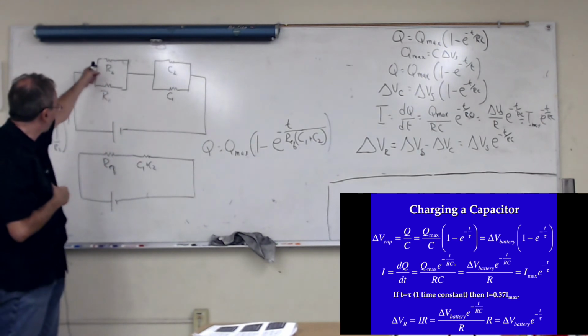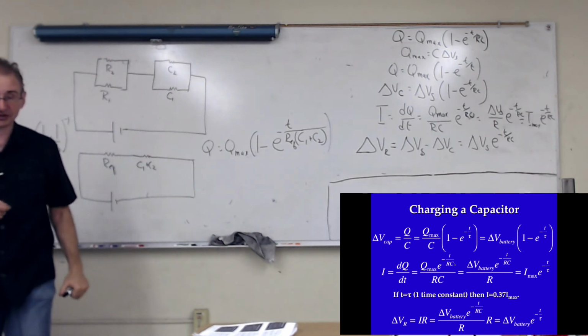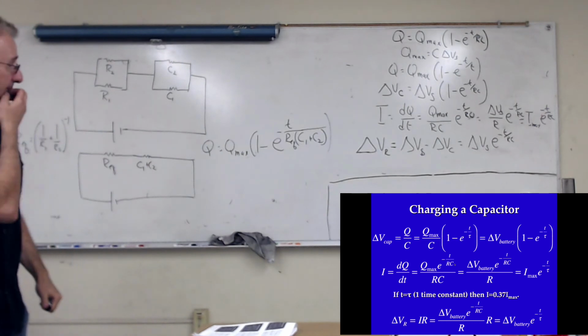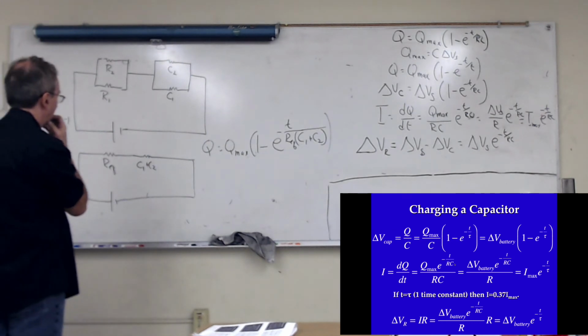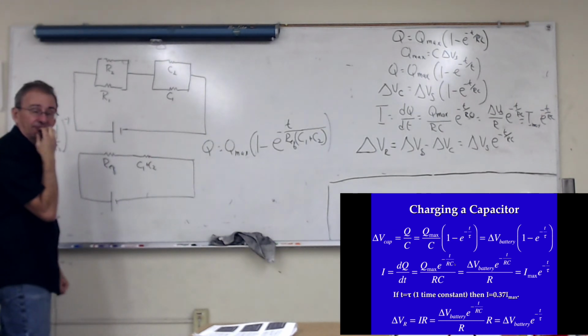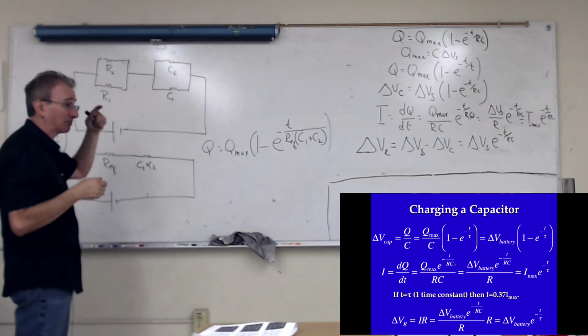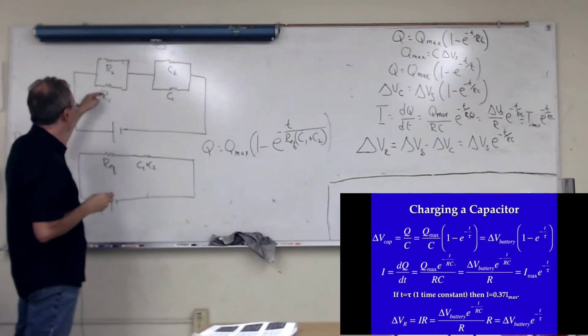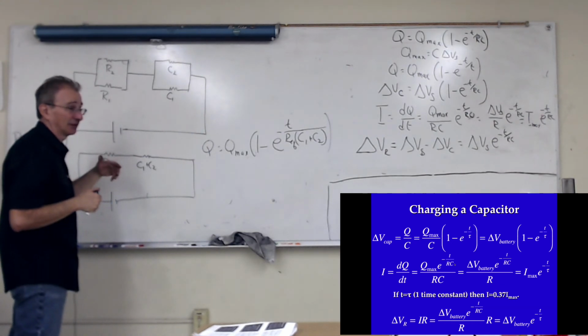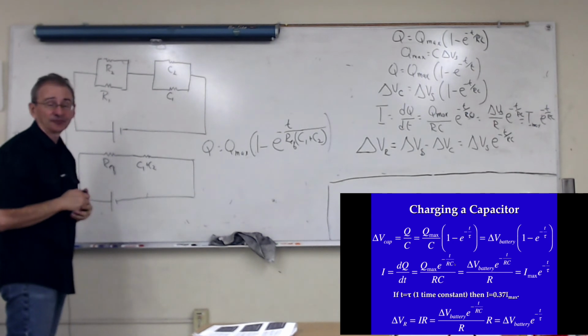And you can also find the current through each one of those resistors as a function of time, because you know that current through each one of these resistors is delta V over R.